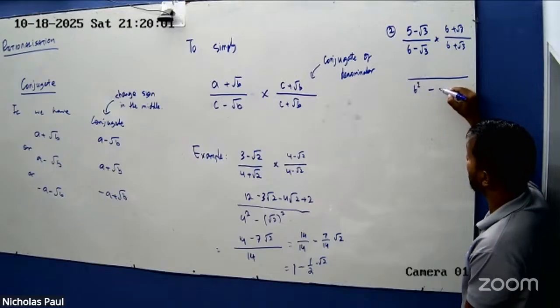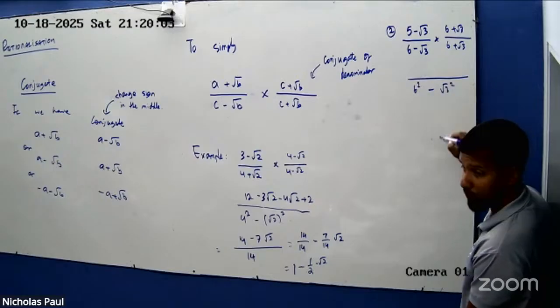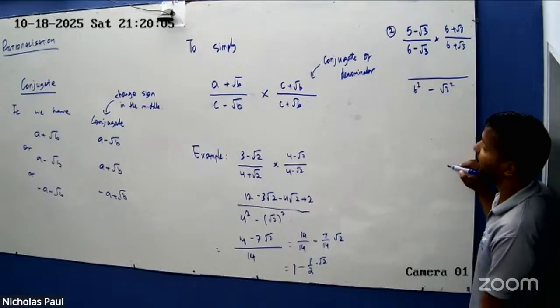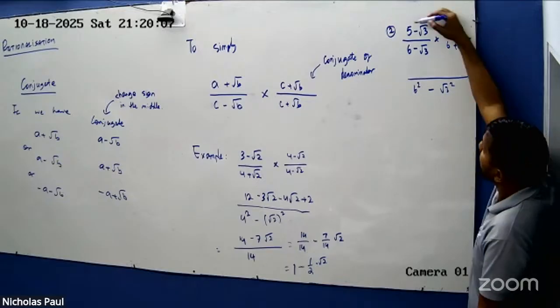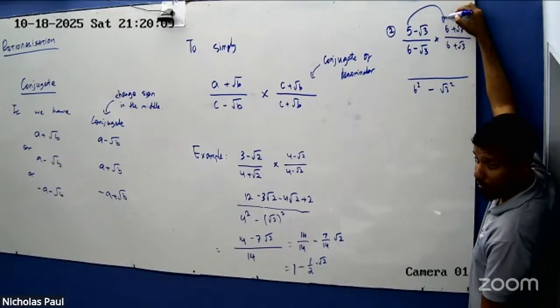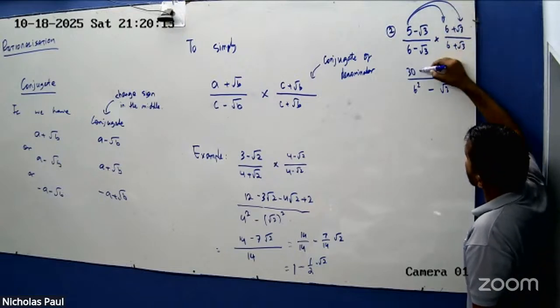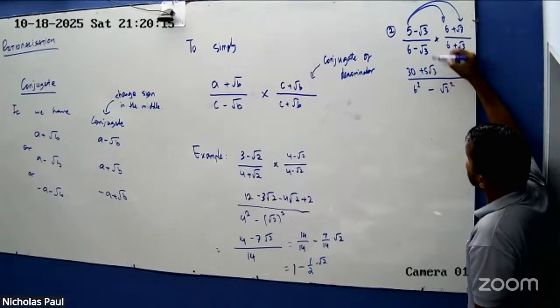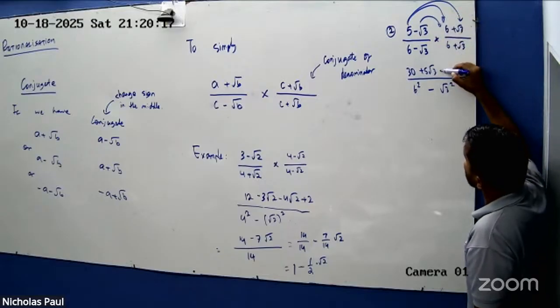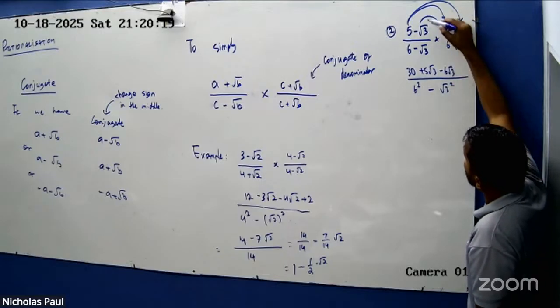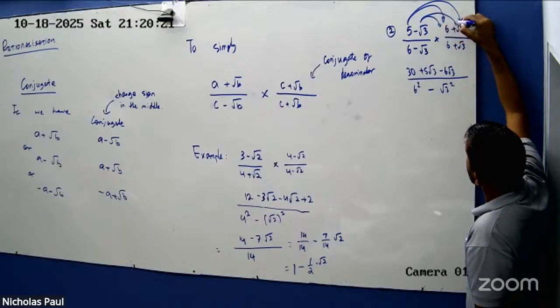Squared minus squared. Nice. How do you get the numerator now? 5 by 6, which is 5 by root 3, which is minus root 3 by 6 is minus 6 root 3, minus root 3 by plus root 3 is.